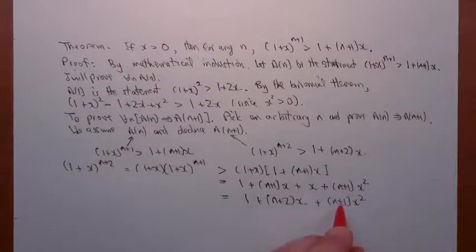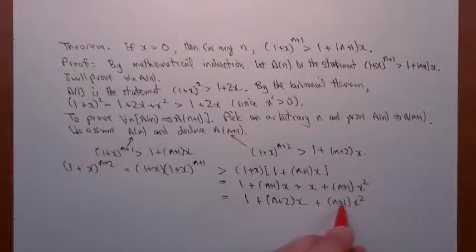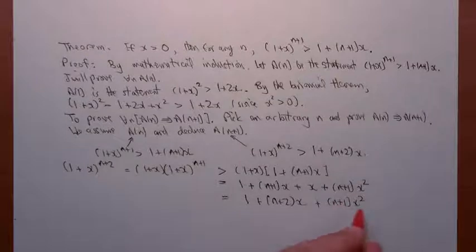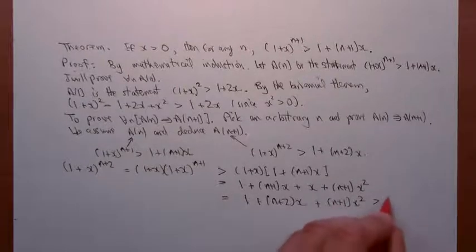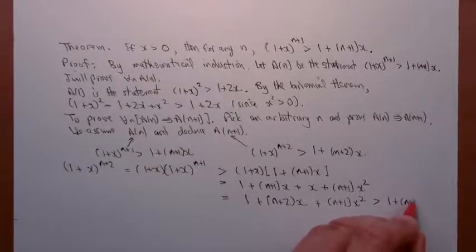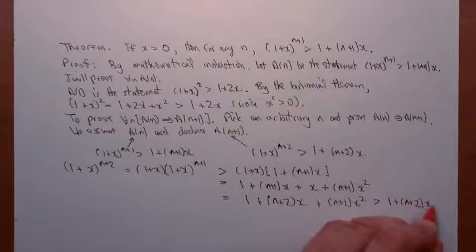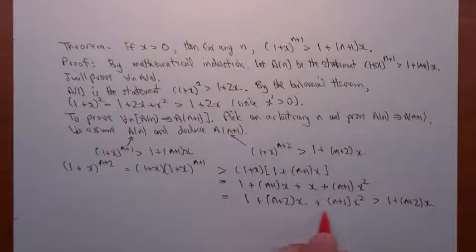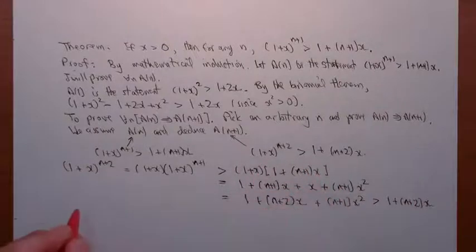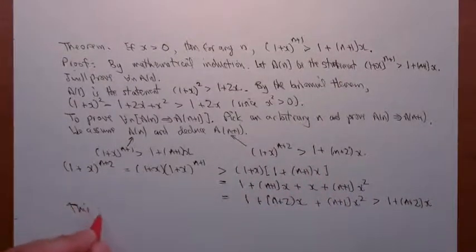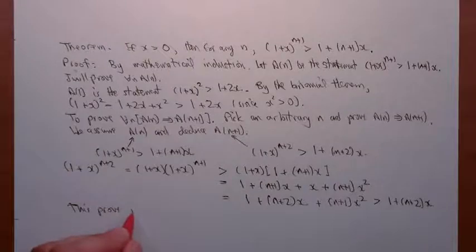And this is positive, so that expression is strictly bigger than 1 plus (n plus 2)x. And that part of it, the part here connected with this, is this. In other words, this proves A(n plus 1).